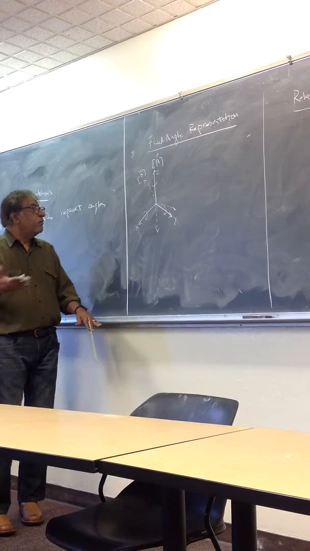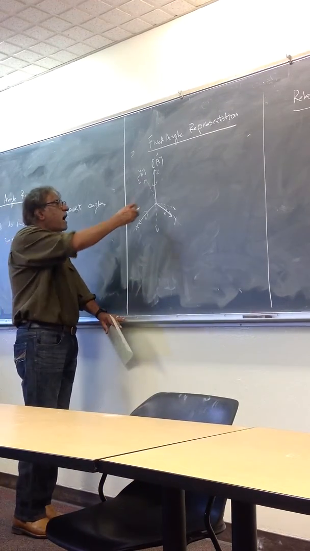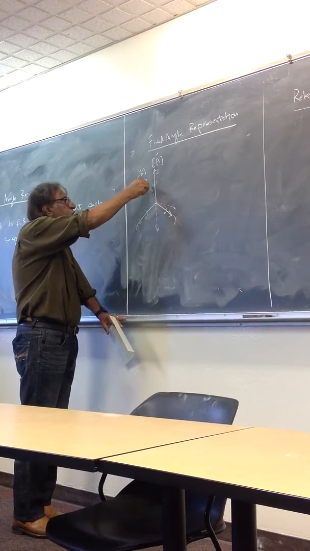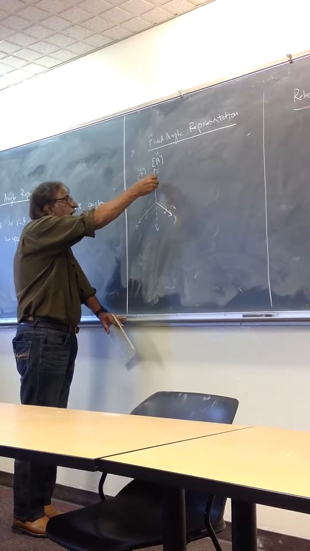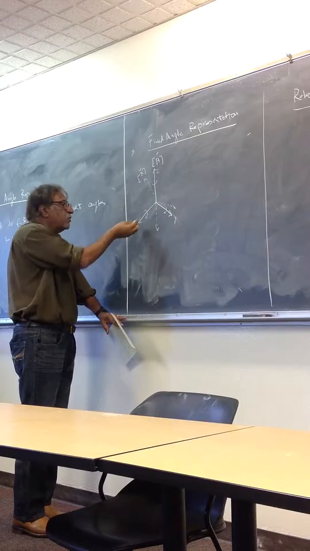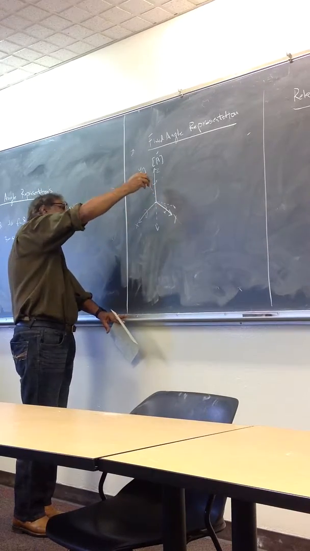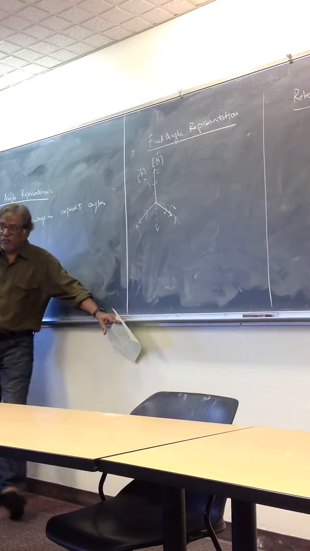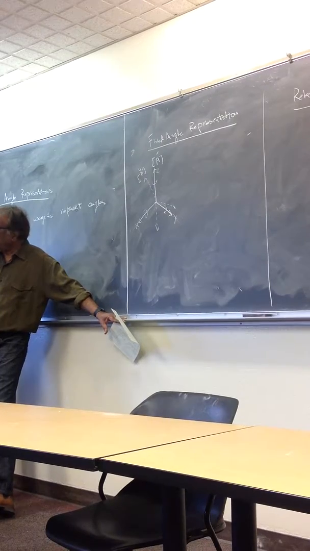So if you were able to somehow find ways to split the total angular rotations along X, Y, and Z, then you can rotate X, rotate Y, and rotate Z till the two frames are coincident, right?